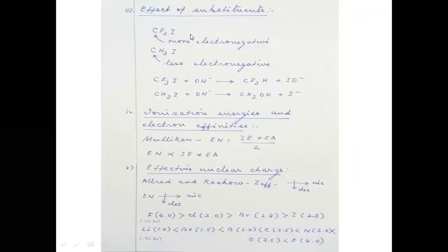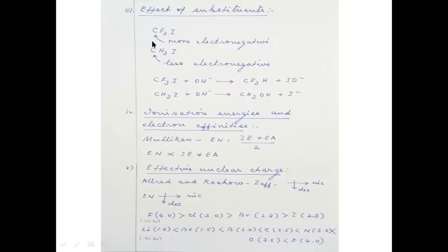Look at the carbon. We are just speaking of the electronegativity of the carbon. In this compound CF3I, carbon is connected to 3 fluorine atoms and 1 iodine atom. In CH3I, methyl iodide, carbon is connected to 3 hydrogen atoms and 1 iodine atom.